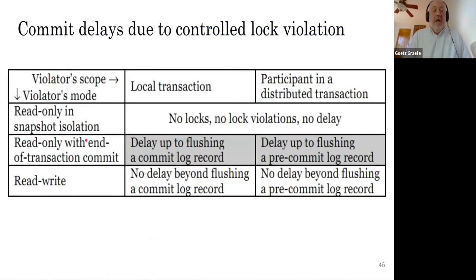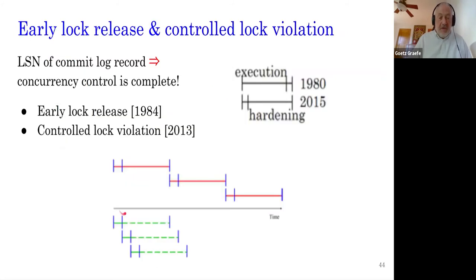So let's talk about different transactions. If transactions are read-only and run in snapshot isolation, they have no locks and no lock violations, no delays, everything is good. If these three transactions at the bottom are read-write transactions, the second transaction will write its own commit log record.